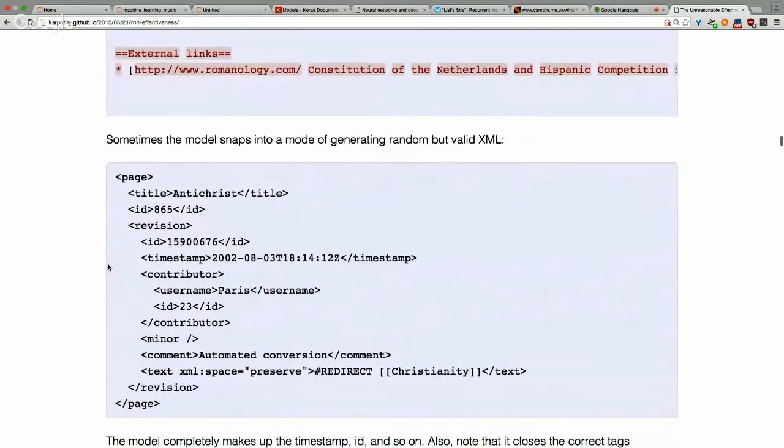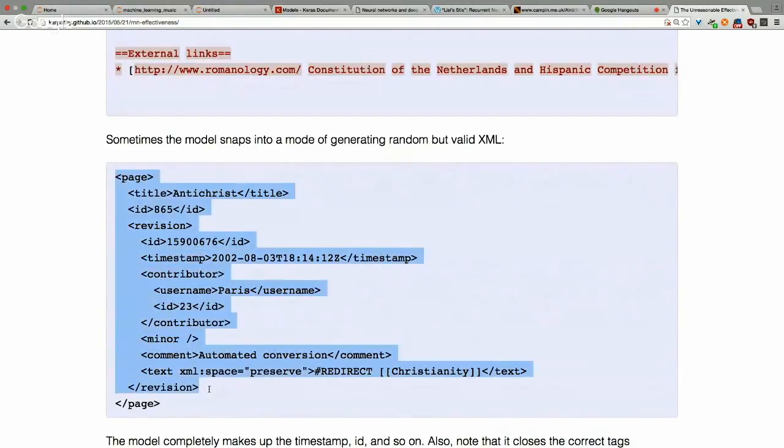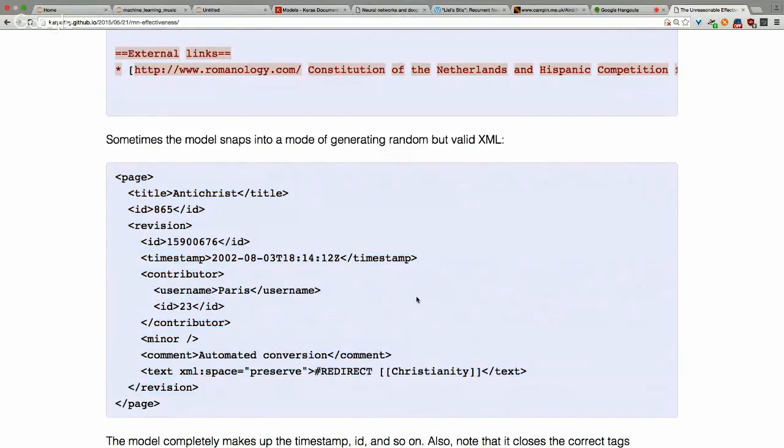You can get it to create HTML. There you go. Oh, it's valid XML. If you actually plug this in, it's not going to have an XML error, not because it knows what an XML error is and really cares about it, but because it's learned the structure of it well enough that it remembers to throw in a closing tag for everything.